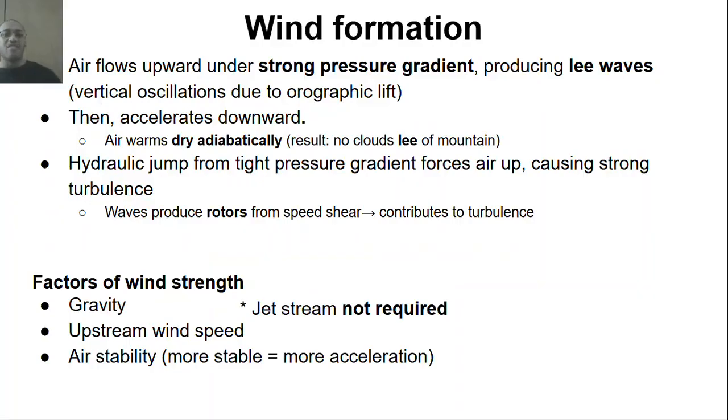So typically, airflow first flows upward under a strong pressure gradient, which refers to how much the pressure changes over a distance. And so with a great pressure change over an area, you get a strong pressure gradient and therefore strong winds. And as this air moves up over a peak, it produces lee waves, which are vertical oscillations due to this kind of lifting.